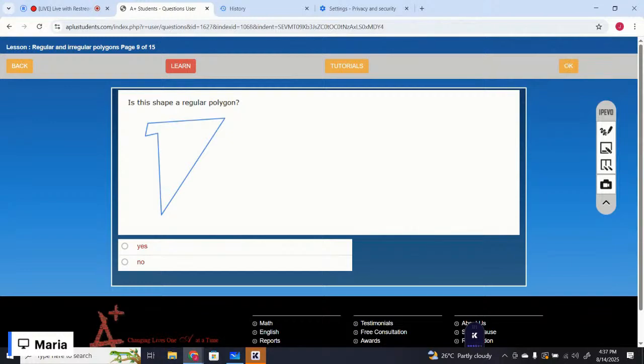Is this shape a regular polygon? No, that is not a regular polygon. Option number two is the correct option.